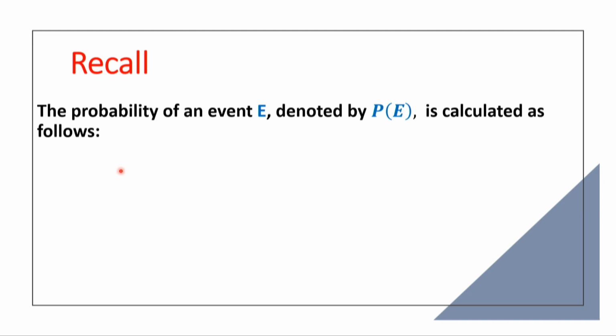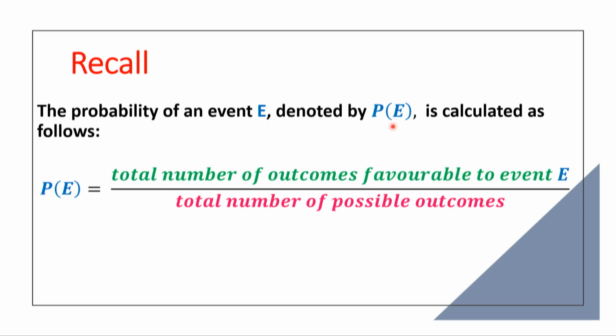Now, what is the definition of probability? How do you calculate probability? So the probability of an event E, denoted by P(E), is calculated as follows. P(E) equals the total number of outcomes favorable to event E over the total number of possible outcomes.